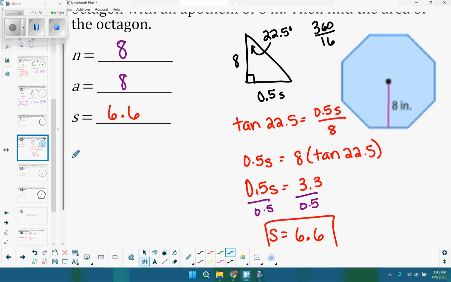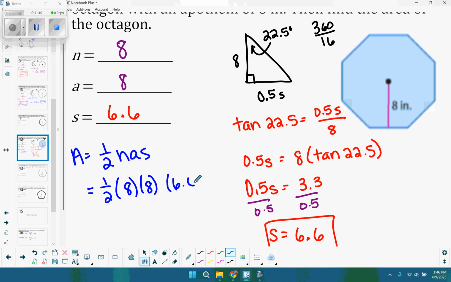So now for my area, my 1/2 NAS, my list is 8, 8, and 6.6. So I get 211.2. And this was inches, so inches squared.